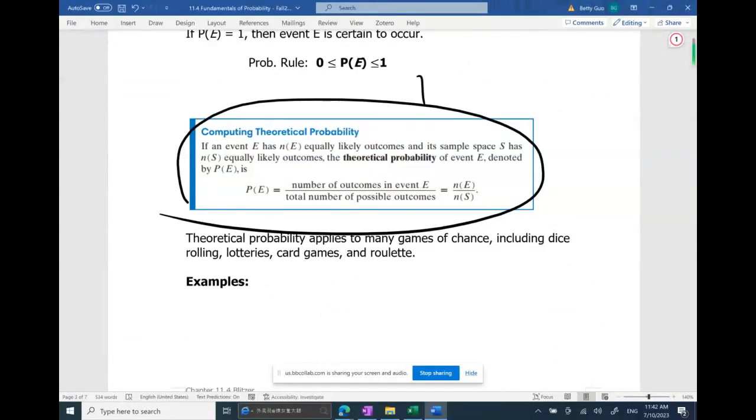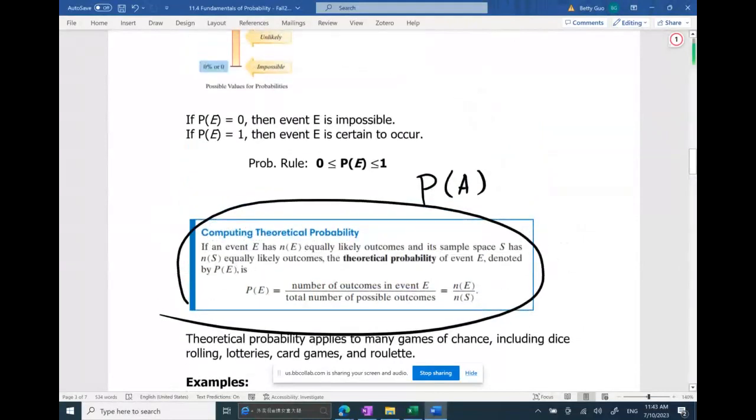We use the notation P of A to represent the probability of A, P of E to represent the probability of E. Knowing that for any event, the probability of the event must be bigger than or equal to 0 and less than or equal to 1.